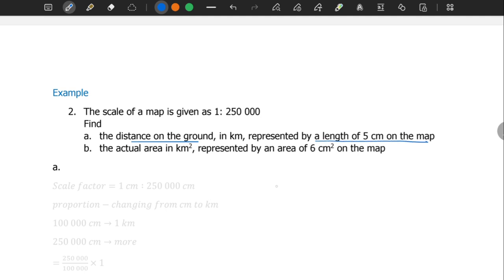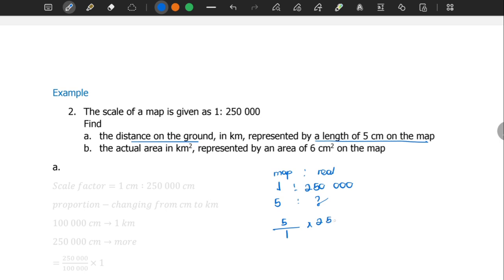So we have our map and real, right? 1:250,000. But now we have a distance of 5 on the map, and we need to know what this is on the real ground.